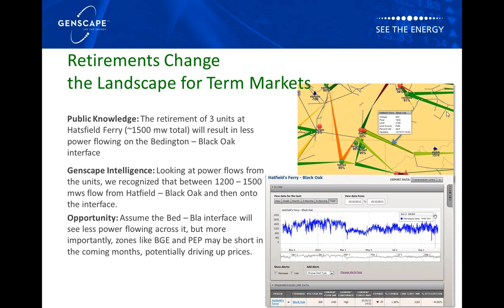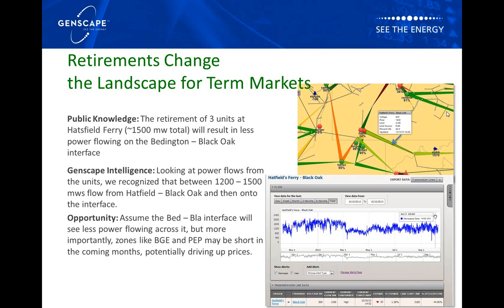The opportunity that this outlines is, you can use it for the short term and say, okay, I know tomorrow I should have less flowing on Bennington-Black Oak, but from more of a macro picture, you know that Bennington-Black Oak interface is responsible for serving your BGE, PEPCO, and Dominion.